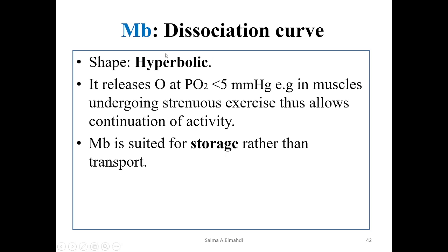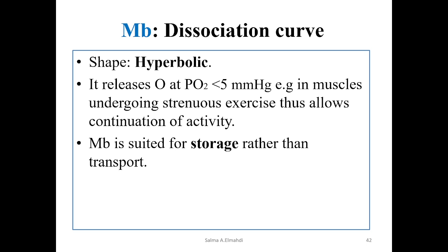Myoglobin dissociation curve is hyperbolic. Myoglobin releases oxygen at partial pressures of oxygen that are less than 5 millimeters of mercury. So myoglobin will not release its stored oxygen unless the pressure in the muscle is less than 5 millimeters of mercury, and that will occur in muscles that undergo strenuous exercise, which will allow continuation of activity.